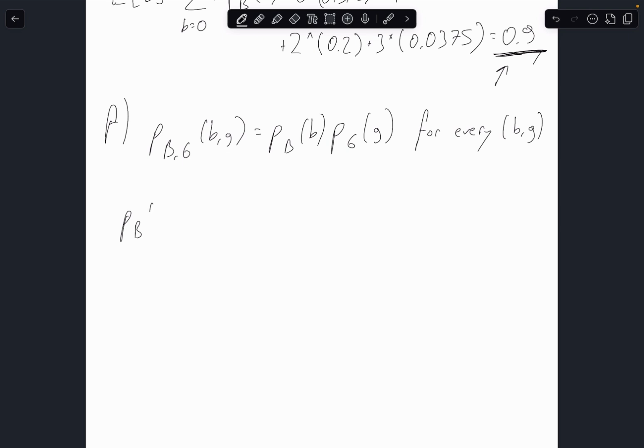Probability of having 3 boys was 0.0375.